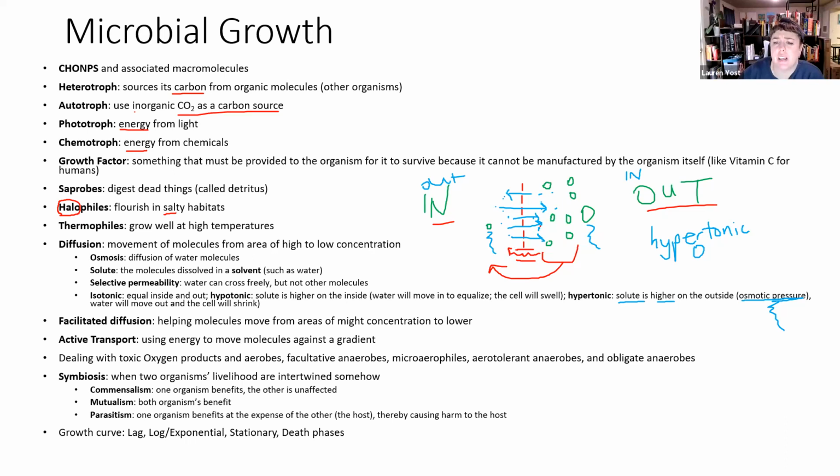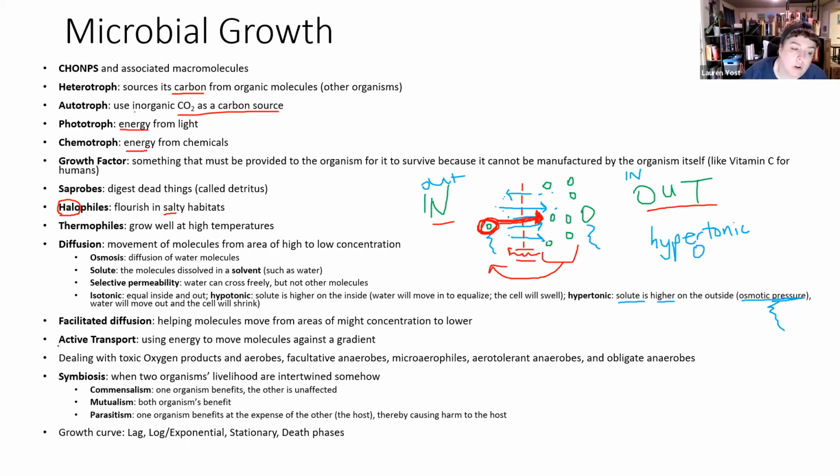What if you need to get rid of this guy, though? What if we don't want him there at all? Well, then we have to go against the gradient, right? If you're going from an area of low concentration to high concentration, that is going against diffusion. That's going against the gradient.